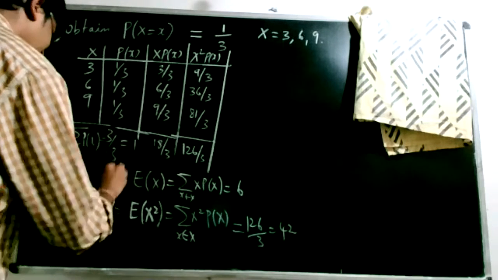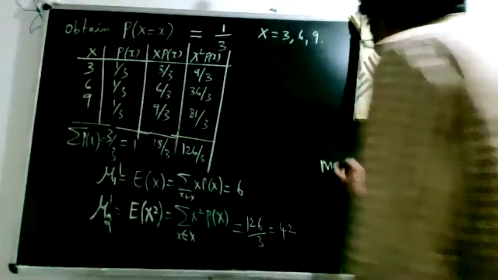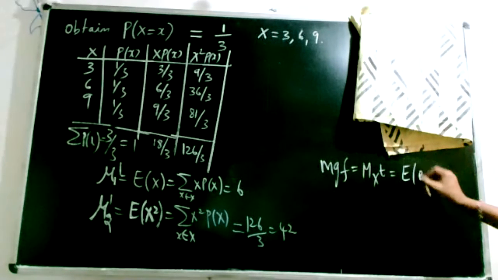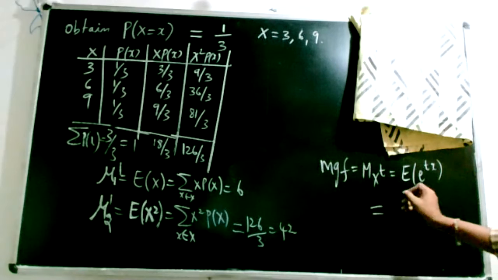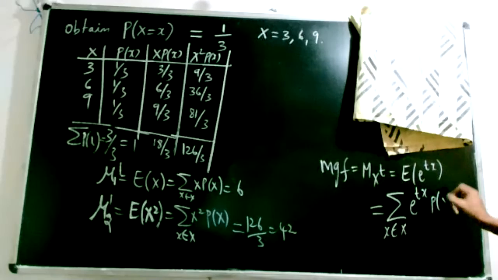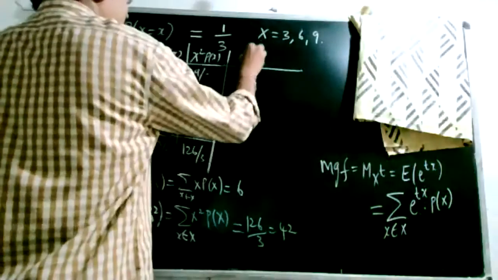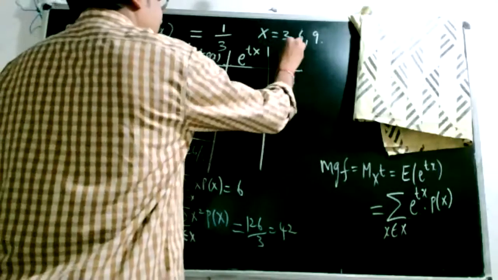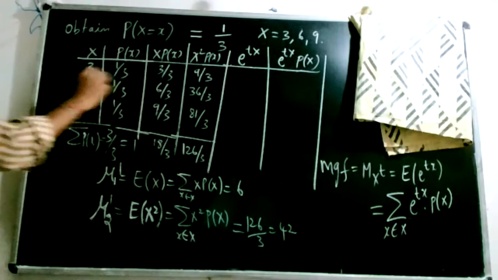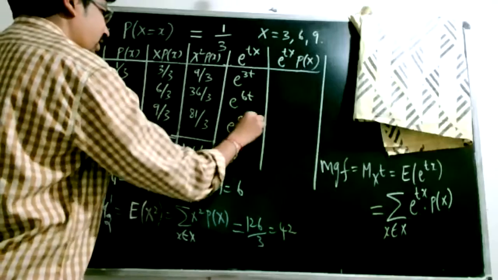Okay. Now let us obtain the MGF and see how to get 6 and 42 from it. MGF is mx of t, which is the expectation of e power tx, and since we are dealing with a discrete distribution, it is e power tx into px. So we define e power tx for all values of x, multiply that with px and obtain the total. When x is 3, 6, 9, I get e power 3t, e power 6t, e power 9t.